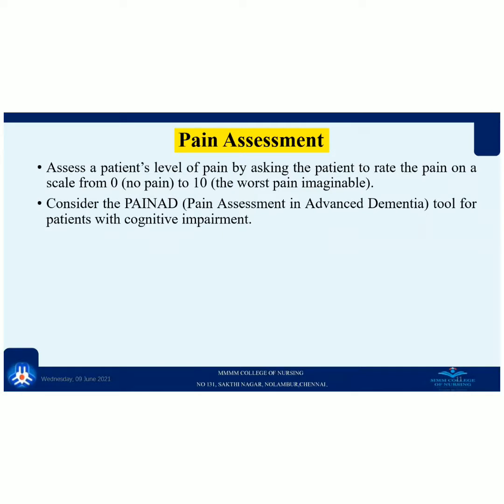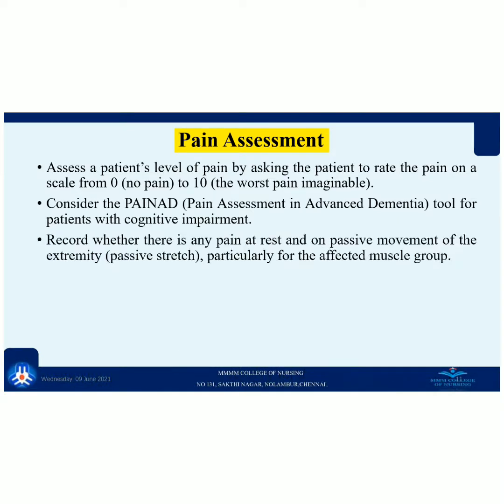If the patient has dementia or cognitive impairment, consider the use of PAIN-AD, that is the Pain Assessment in Advanced Dementia tool. After assessing, record whether there is any pain at rest or pain on passive movement of the extremity, particularly for the affected muscle group.